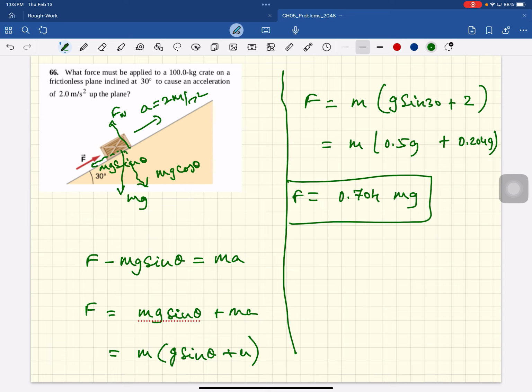Yes, 70% the weight of the object. So what is this incline doing for you?